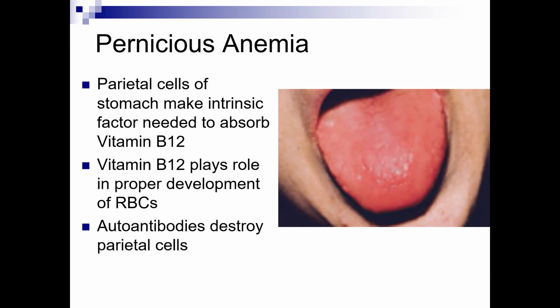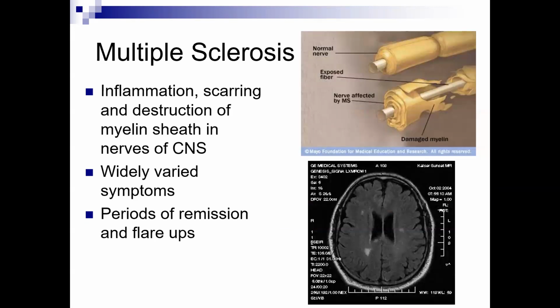And when they destroy these cells, then we're unable to absorb that vitamin B12, which is a critical component of the development of our red blood cells. So when you hear anemia, think low red blood cells. Orally, you may have a very smooth or what's called a bald tongue, which you will see over here on this picture.